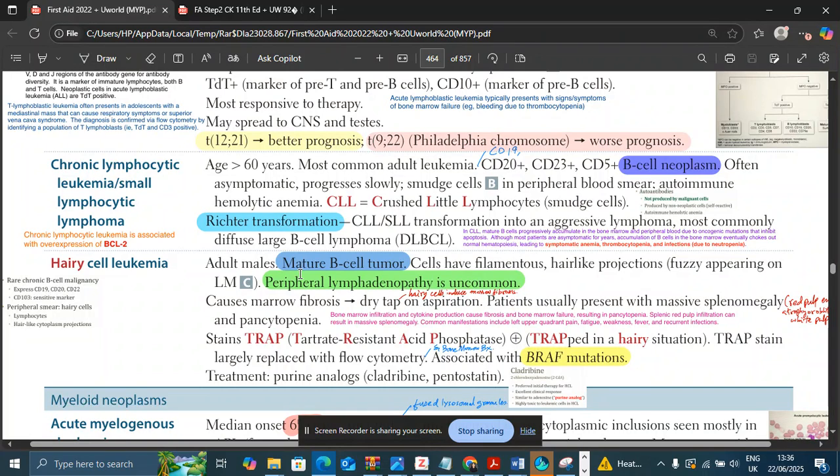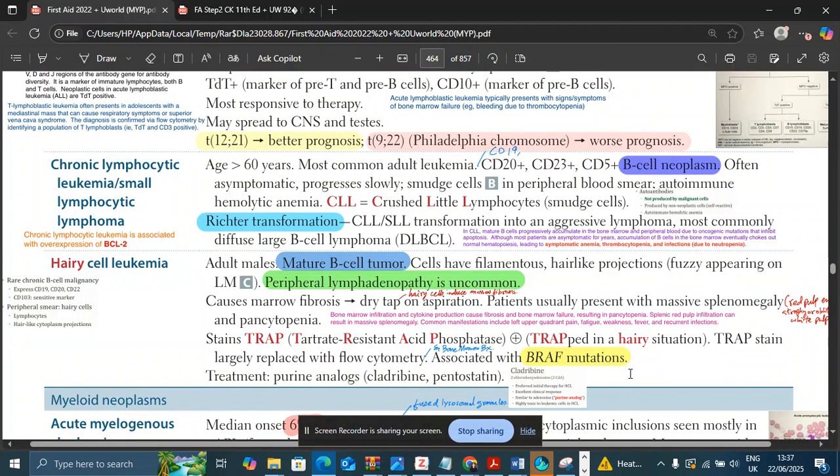CLL was a malignancy of mature B cells, and hairy cell leukemia is also a malignancy of mature B cells. Both are seen in the adult population. The type of mutation we see in hairy cell leukemia is the BRAF mutation. You should remember this.